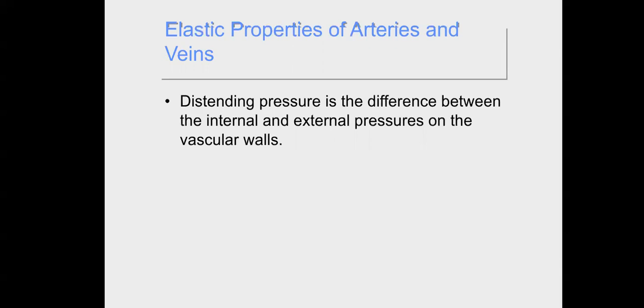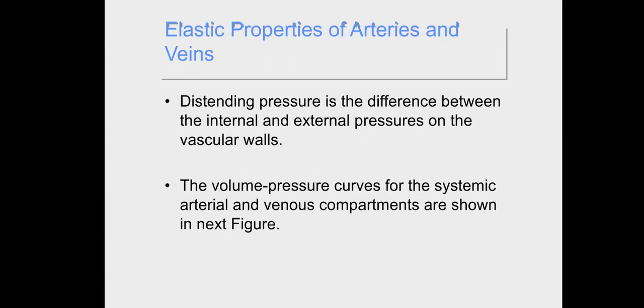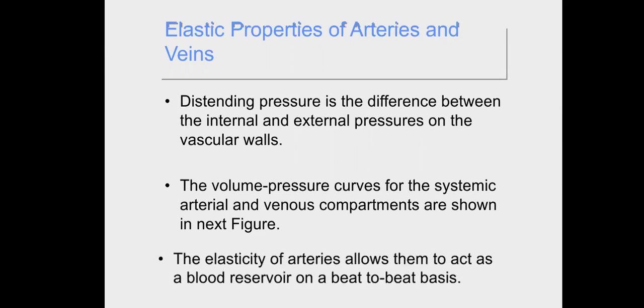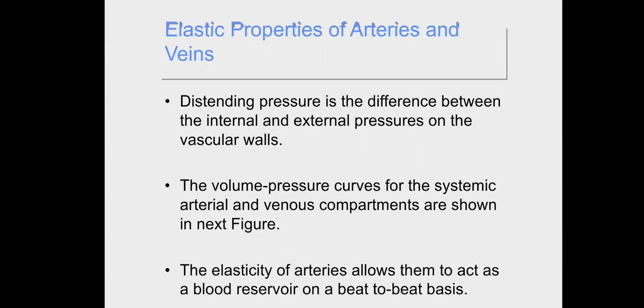So the distending pressure, external and internal, the volume pressure curve will be shown, and the elasticity of the arteries allows them to conserve blood for only one beat to beat basis.